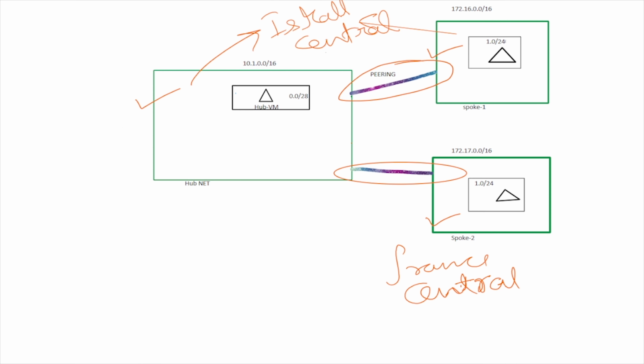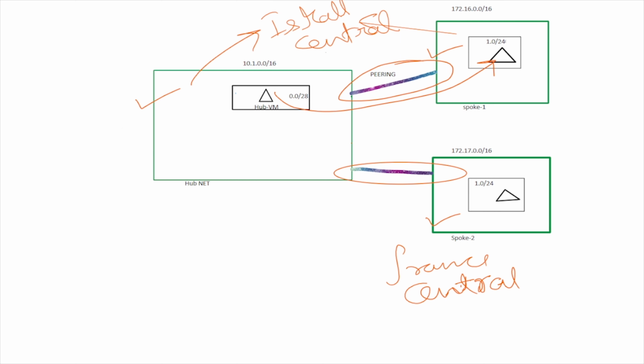Before pairing these two virtual networks, we must ensure that the address spaces in use must be distinct between the virtual networks that we are going to pair. Now, once the virtual networks are paired with each other, the resources in the hub VNet will be able to communicate with the resources in the spoke one VNet. All we need to do is establish peering between the virtual networks.